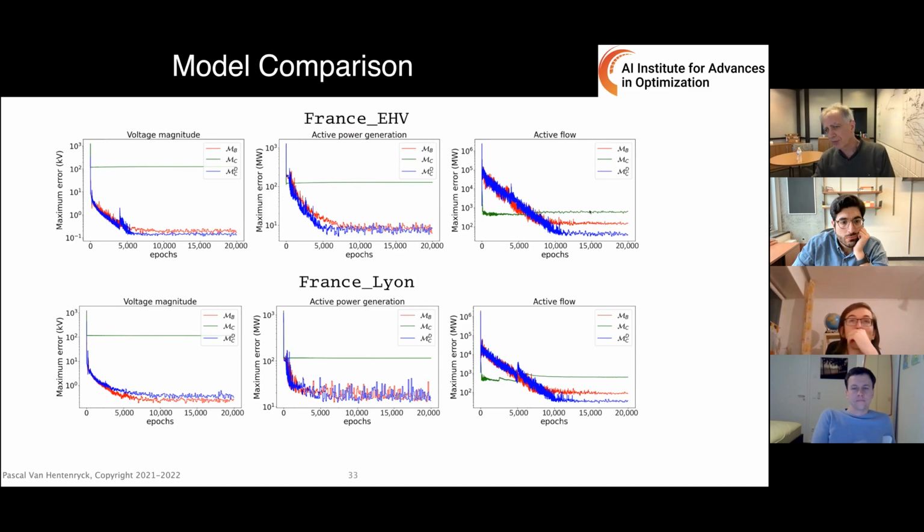Also, if you fix the multiplier to a specific value, typically the accuracy is not that good. It converges very quickly to a local minimum, which doesn't satisfy these constraints in a very nice fashion and doesn't get the precision that you want. So it's really important to use these dual steps and this Lagrangian duality.